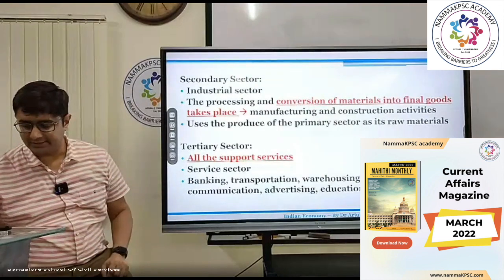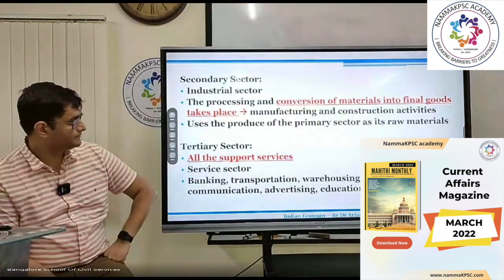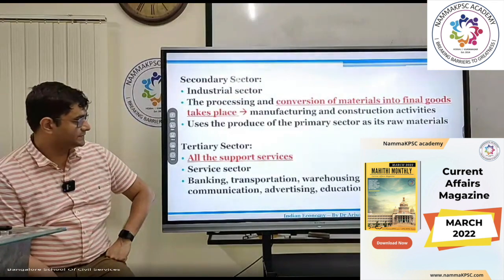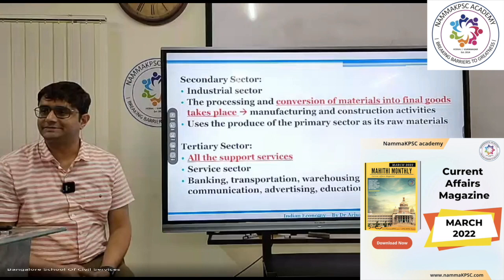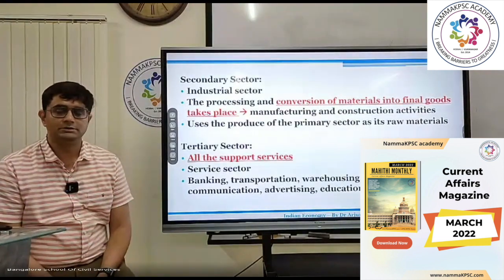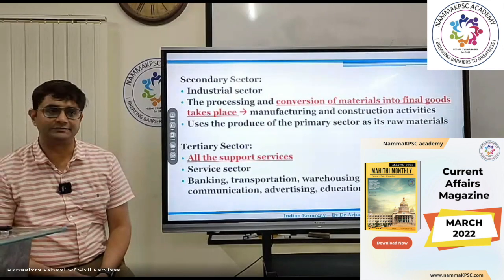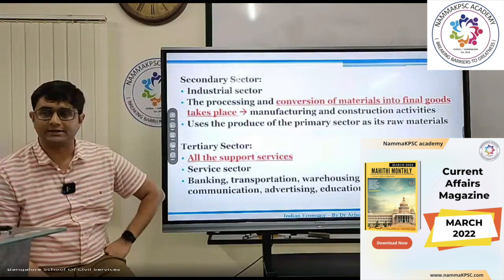And the tertiary sector provides support services to primary and secondary, like transportation, skill development, banking and financial services. All these are tertiary sector.